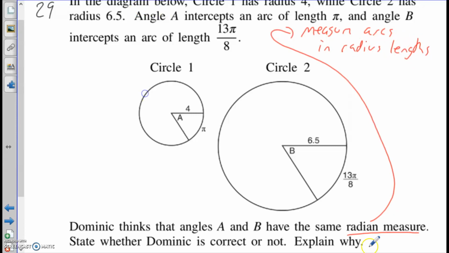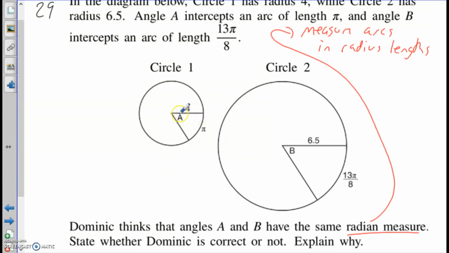Could these arcs be the same degree measure? Sure. But if we measured them in centimeters, obviously this is a bigger circle, so this arc is going to be bigger than this arc. But they might be the same radian measure, just like they might be the same degree measure, because a radian measure is relative to the arc.